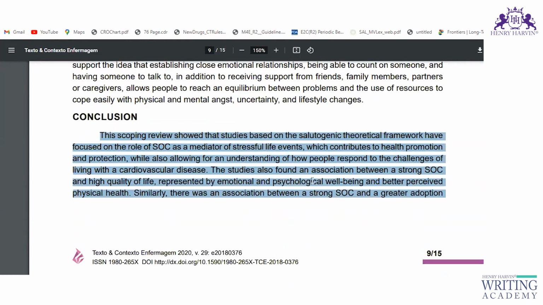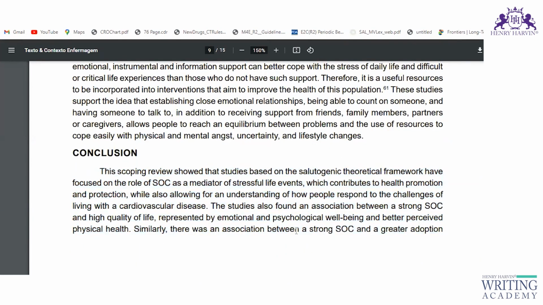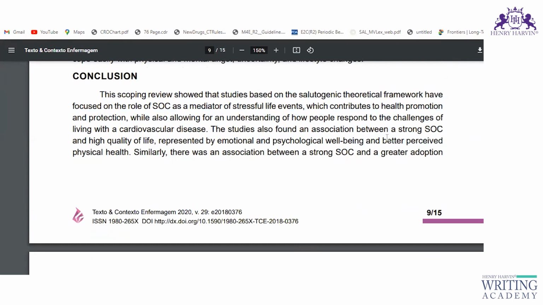Okay, so this is how you can give the conclusion of this review, where you are writing about what is actually the scope of this review, that is, what your objective is in writing this scoping review. Now that is mentioned in your conclusion part. In some articles you'll find that the conclusion is not a separate section, but is combined with the discussion.